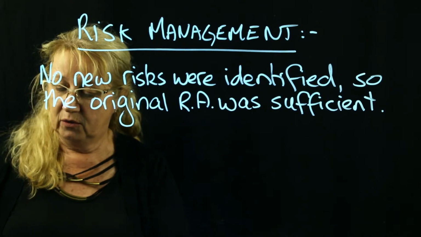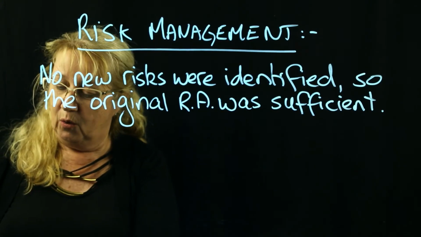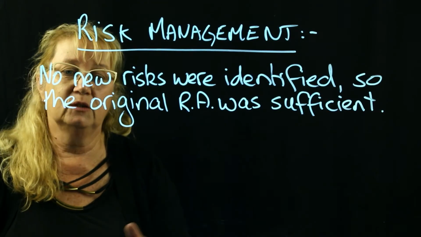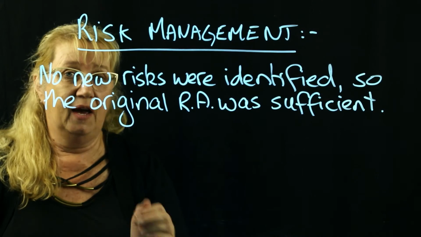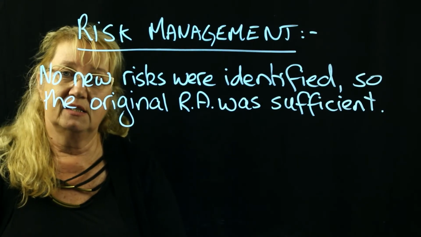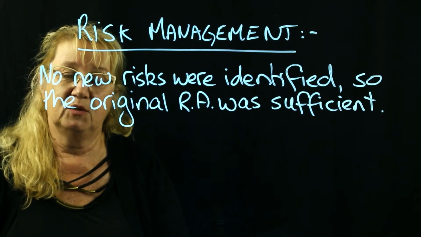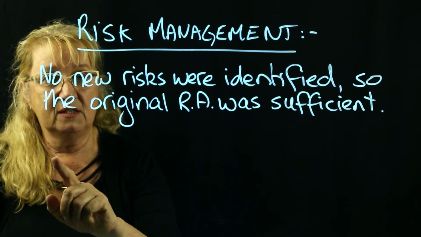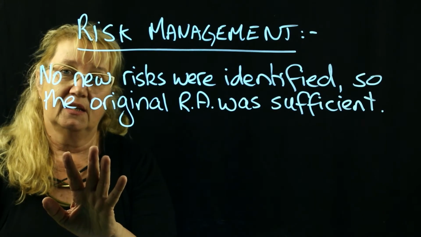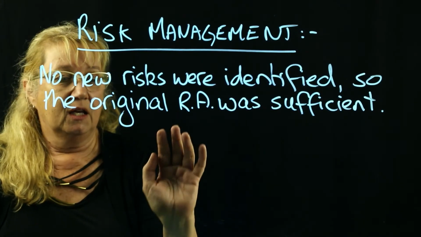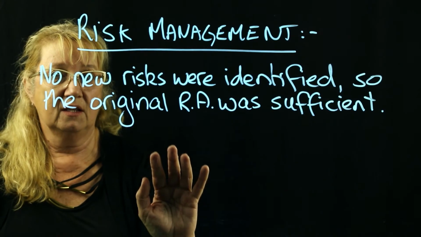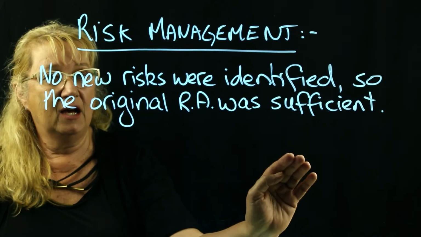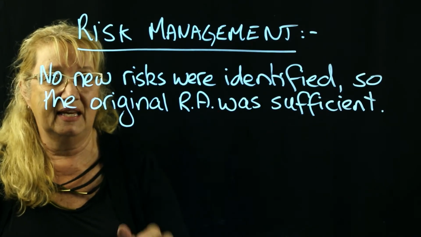In our scenario, we did have a change. We used blood pressure cuffs instead of handheld monitors. So we do have to indicate that there is a change in the risk management. Now, it's important that you identify the equipment or chemicals that have changed, the risk that is brought in with those equipment or chemicals, and how you're going to make that risk less.